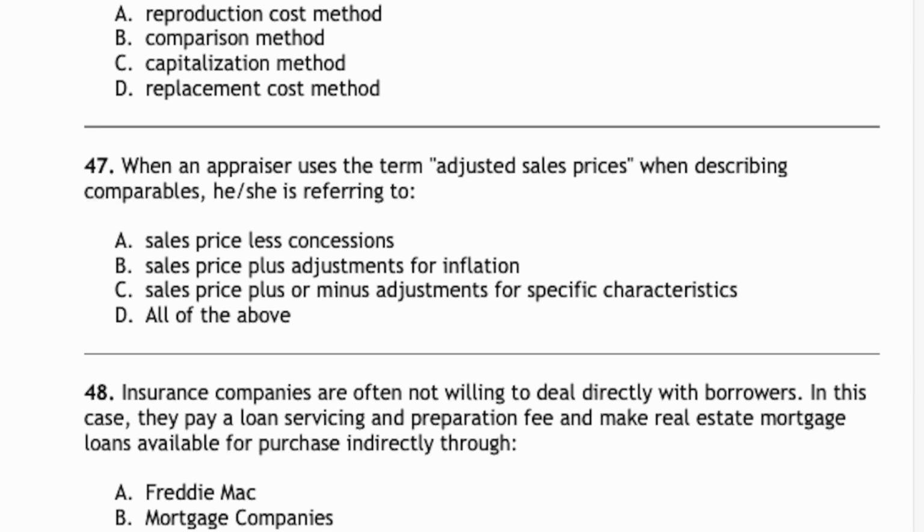Or D, all of the above. The answer, we know, is C. Sales price plus or minus adjustments for specific characteristics. An appraiser makes increases or decreases to the sales price of a comparable property to arrive at an indicated value for the property being appraised. This is called the adjusted sales price.